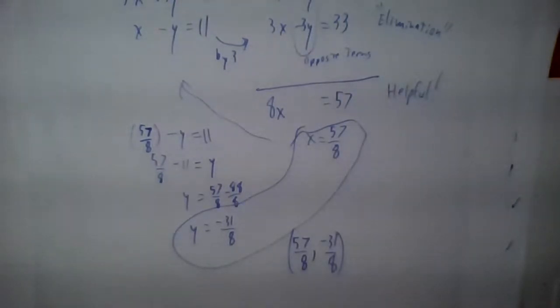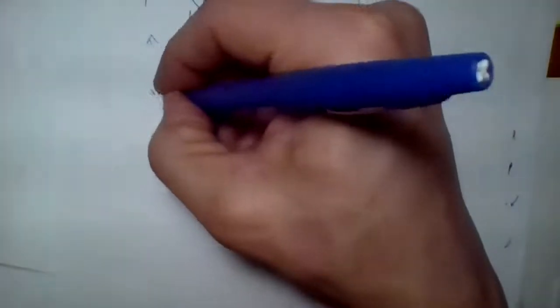But linear systems are in 7.1 in the regular book. I'm going to do some out of there. So what we were just doing is called in this book the addition method.